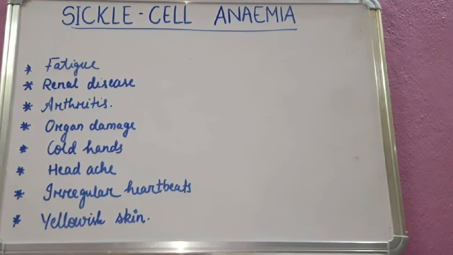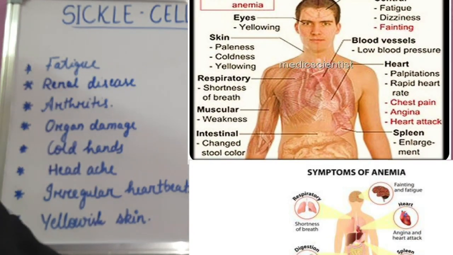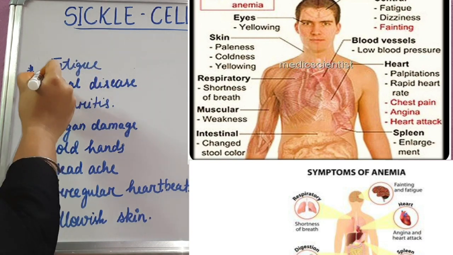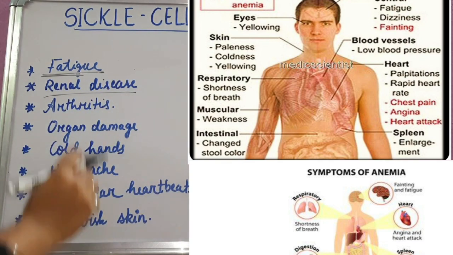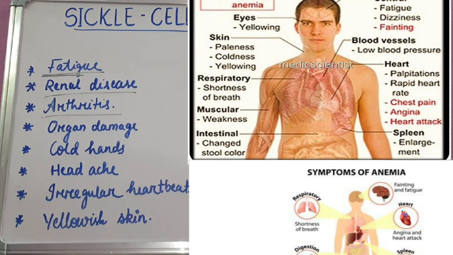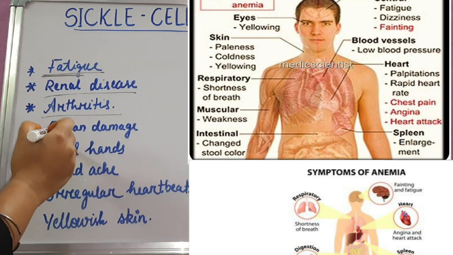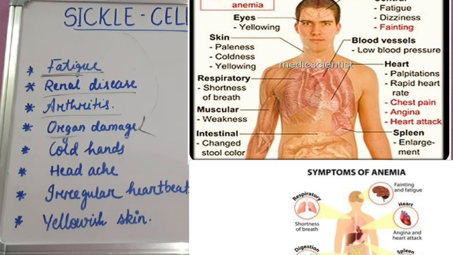Here are the signs and symptoms associated with a sickle cell anemia patient. First one is fatigue. Here you can see the picture. Fatigue, you become restless. Renal disease, related to arteries and veins. Arthritis, pain in joints and bones. Organ damage, sickle cell anemia leads to some organ damage.